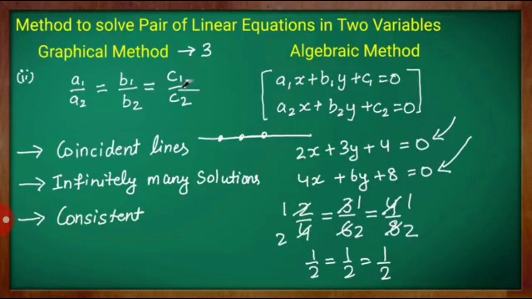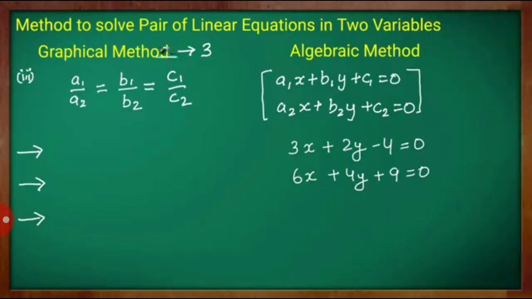Now come to the third case. In the third case, I have taken an example: 3x plus 2y minus 4 is equal to 0, 6x plus 4y plus 9 is equal to 0. On comparing their coefficients, like 3 upon 6, 2 upon 4 and minus 4 upon 9, you can see 3 upon 6 can be reduced to 1 upon 2 and 2 upon 4 can be reduced to 1 upon 2.